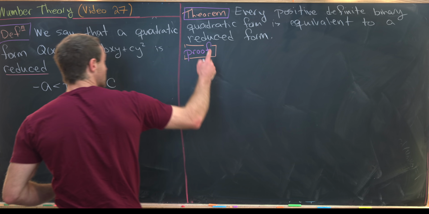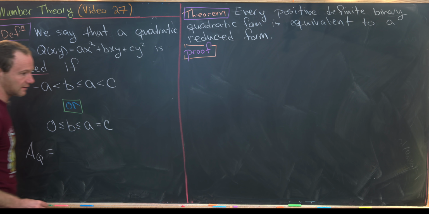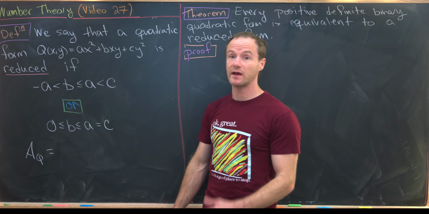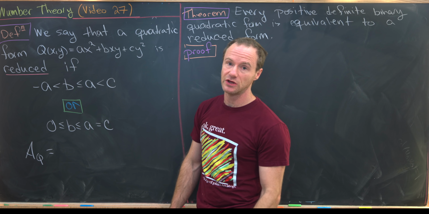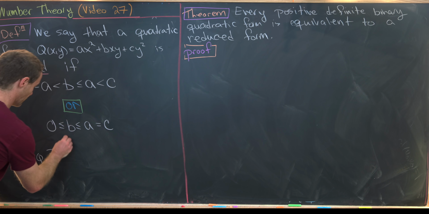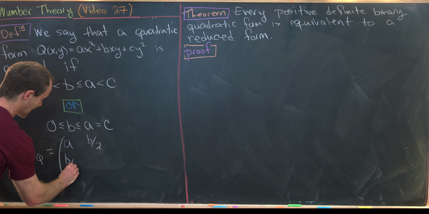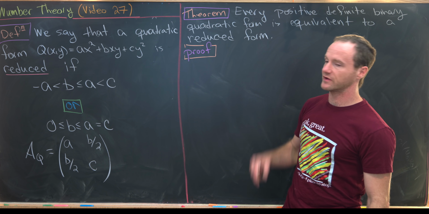Now, before we look at our theorem, let's recall, as we've done on the last boards, that we often use a lot of linear algebra here, and we'll do that in this case as well. So A sub Q, in other words, the matrix associated to this quadratic form, is given by A, B halves, B halves, and C. So now let's look at our theorem.